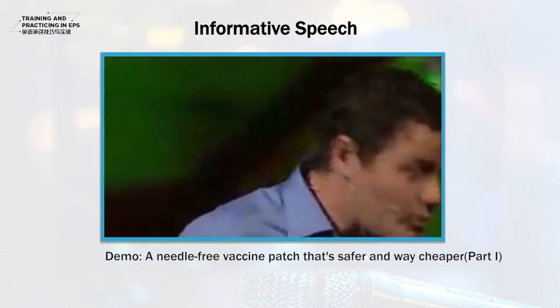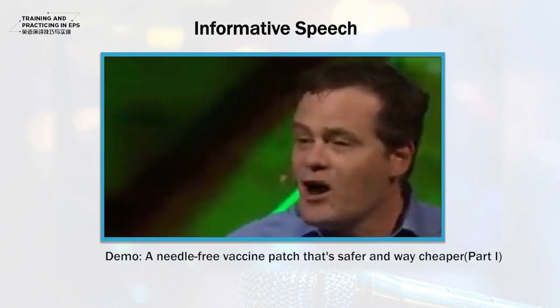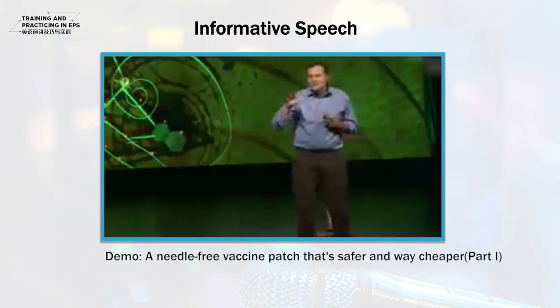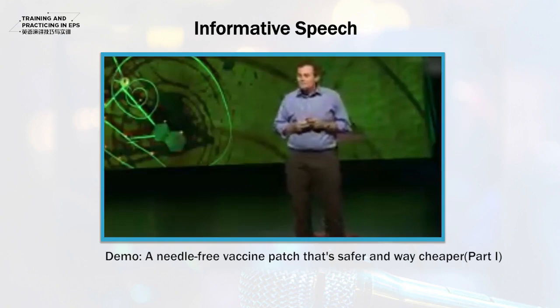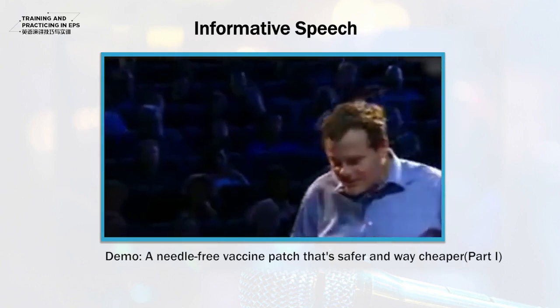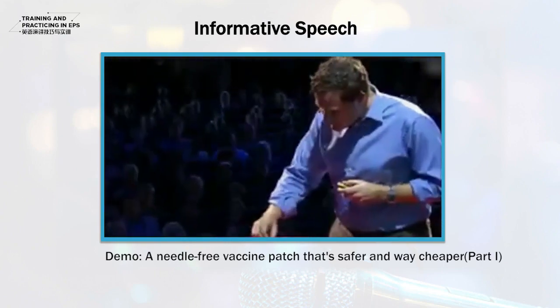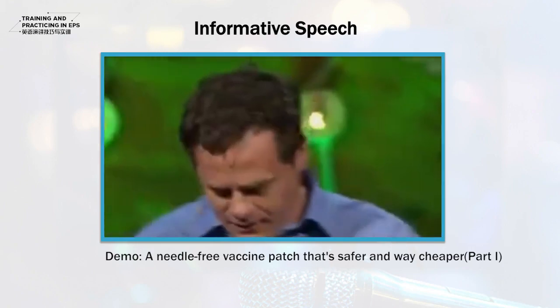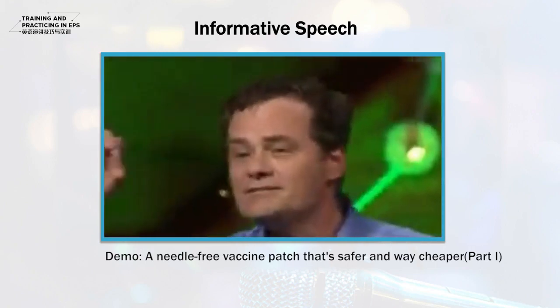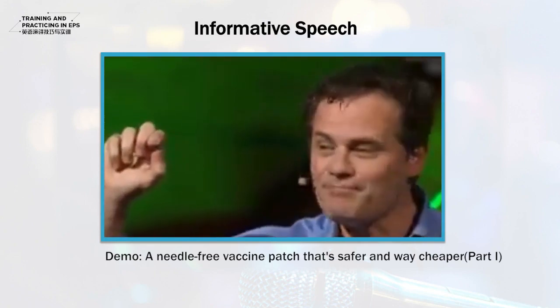I'm going to tell you about some work that my team and I are doing in Australia at the University of Queensland on a technology designed to tackle those four problems. And that technology is called the nanopatch. Now, this is a specimen of the nanopatch. To the naked eye, it just looks like a square, smaller than a postage stamp.